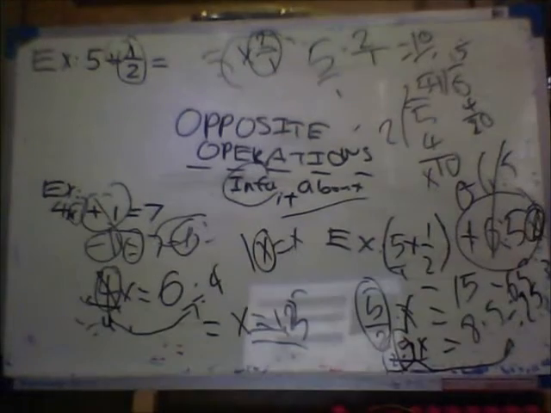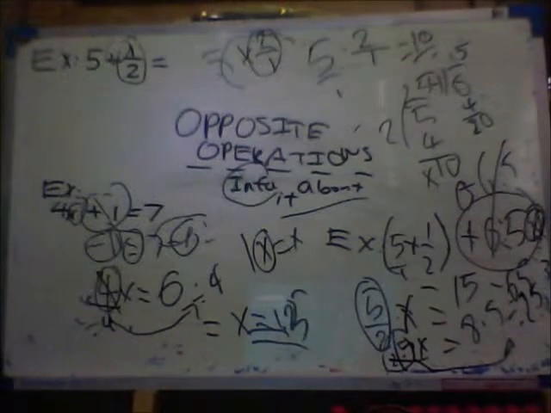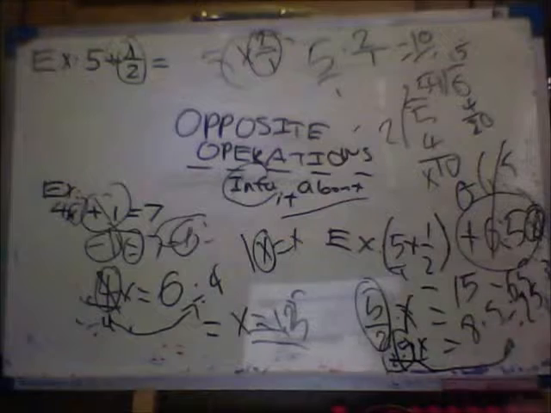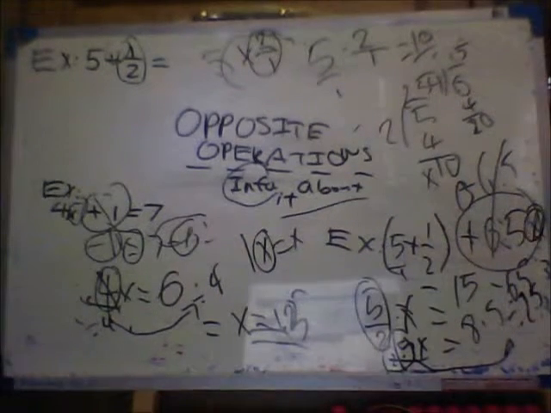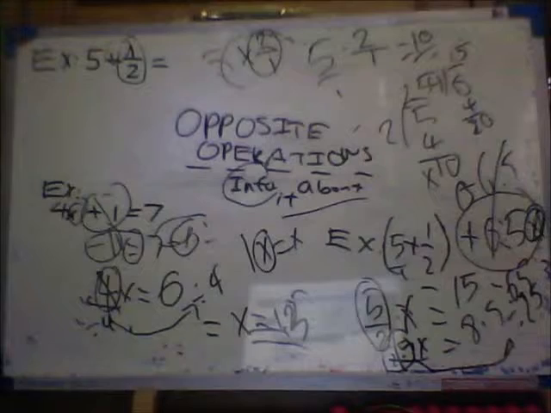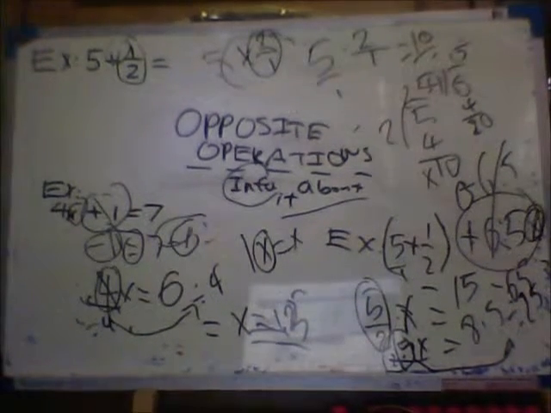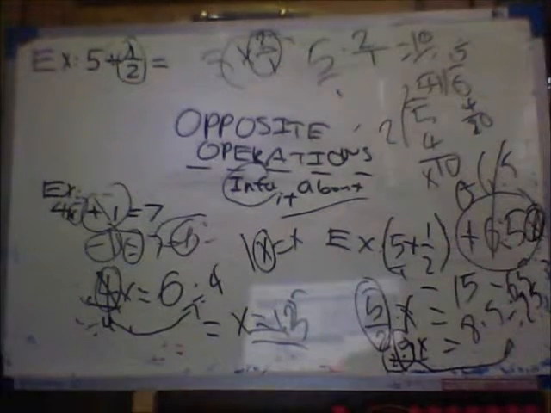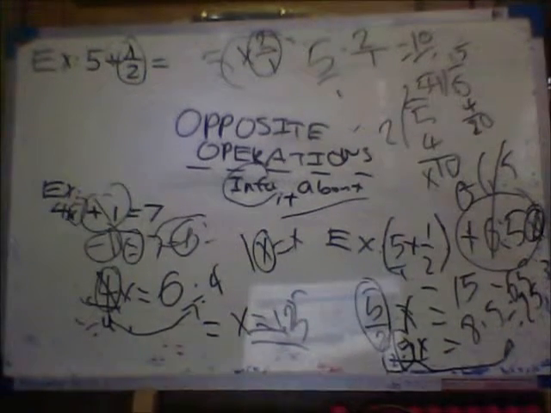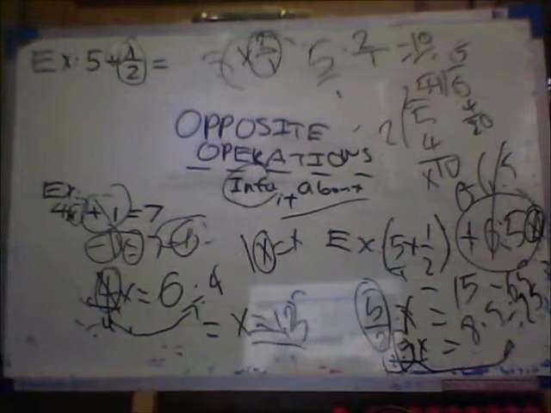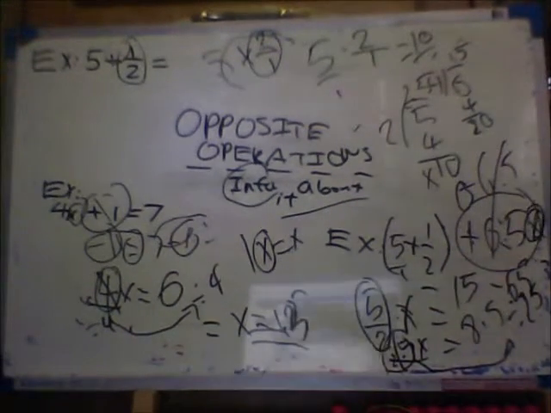So the calculator says... wait, getting the calculator up. 8.5 divided by 2.5 is 3.4.